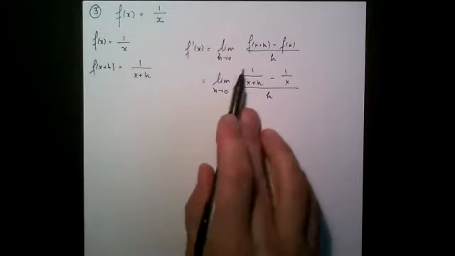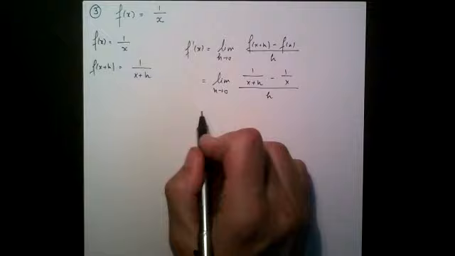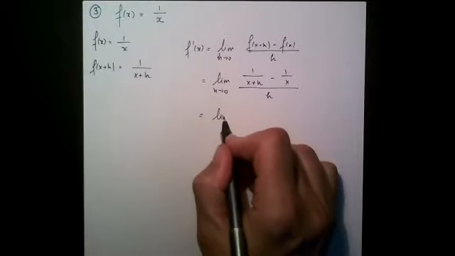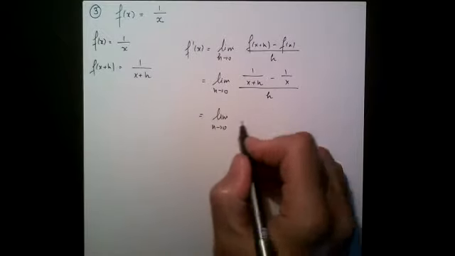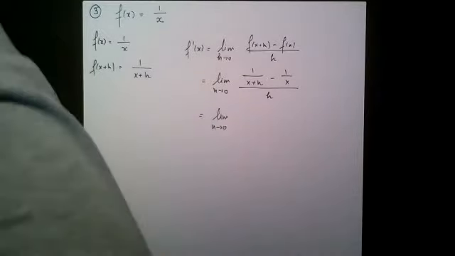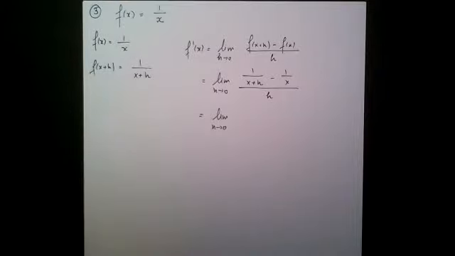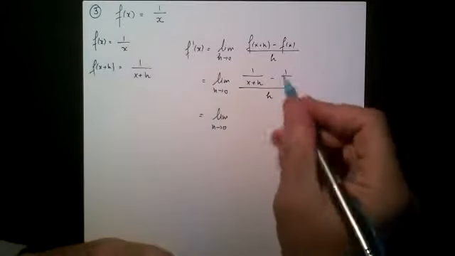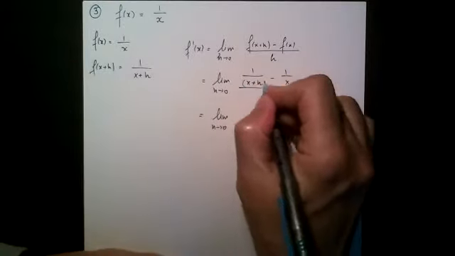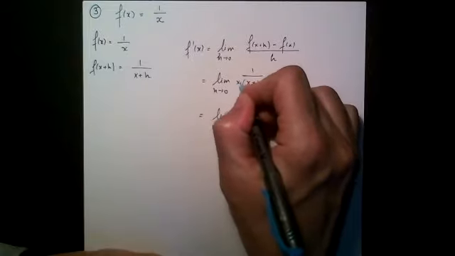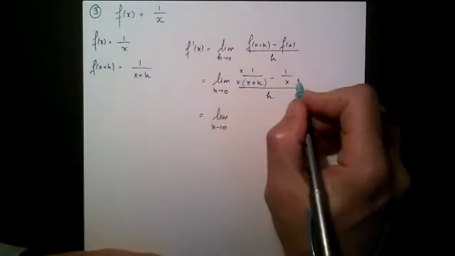At this point, I will have to find the common denominator on the numerator. So limit as h approaches 0. So what do I do here? I will multiply, like you did in high school. So you multiply the top by x here and the bottom by x.